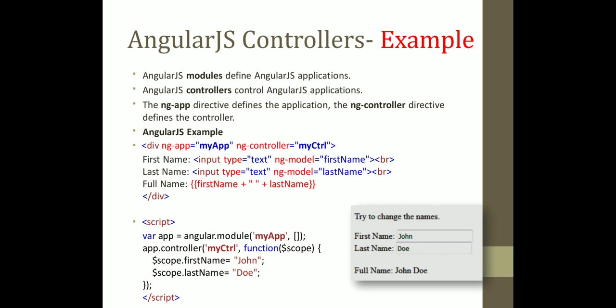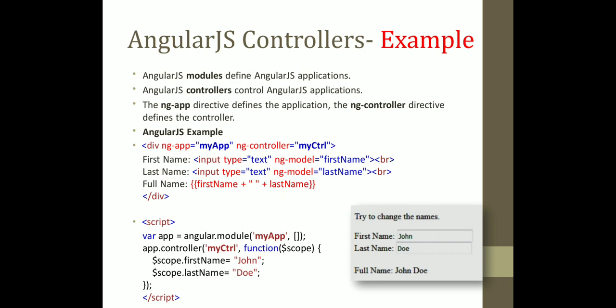Actually, the controller can be defined in two ways: defining it as an application module, or defining it as a JavaScript function. We'll see the steps, but before that, the example of how to use an AngularJS controller. We have started the ng-app with the myApp name and ng-controller with my controller.